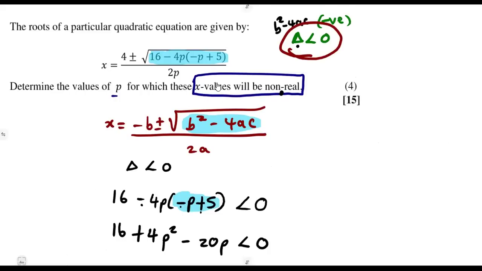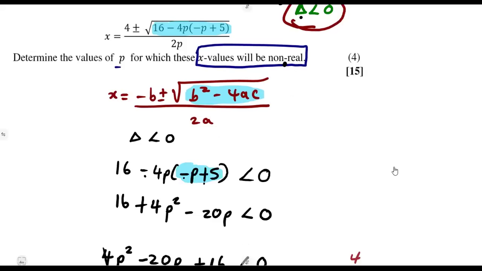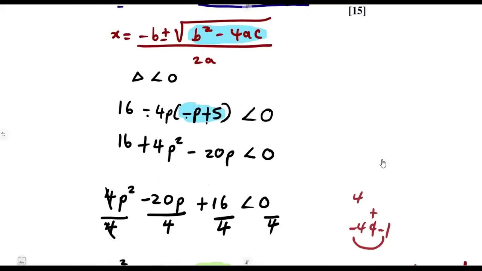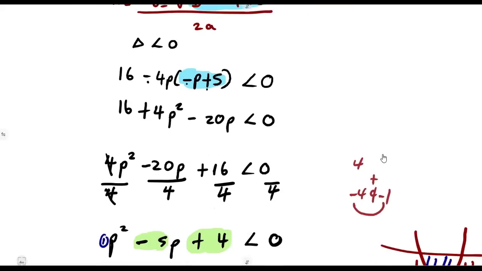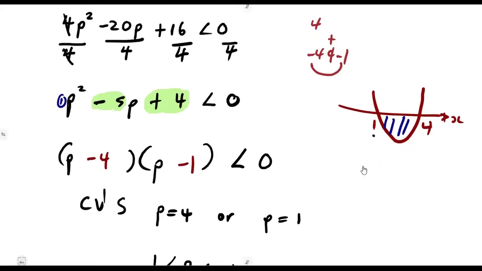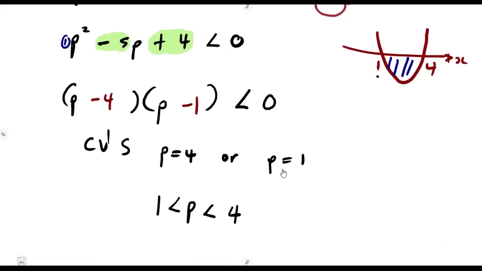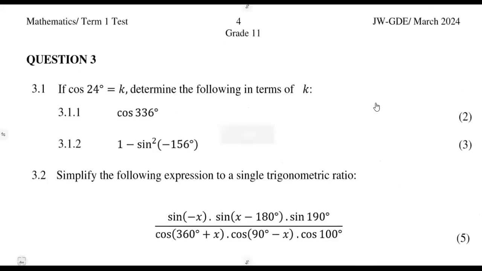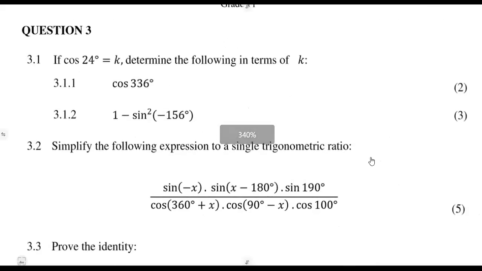If you substitute any value of p from that interval here, you are not going to get any solution. That is what they're trying to say. Non-real, meaning to say there is no solution at all. Within this, take any value and test it. Any one that you want. You will see that there was no answer there.